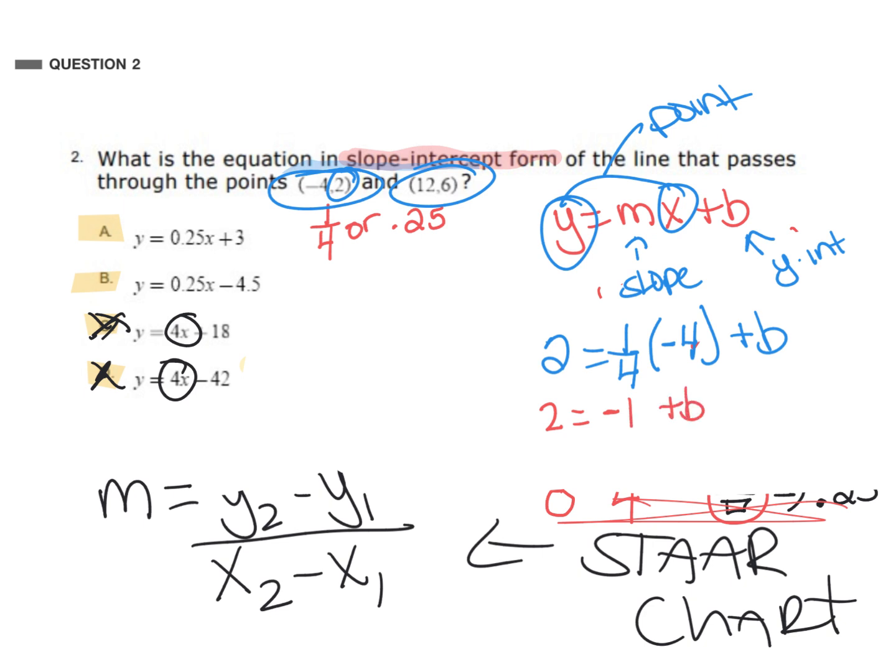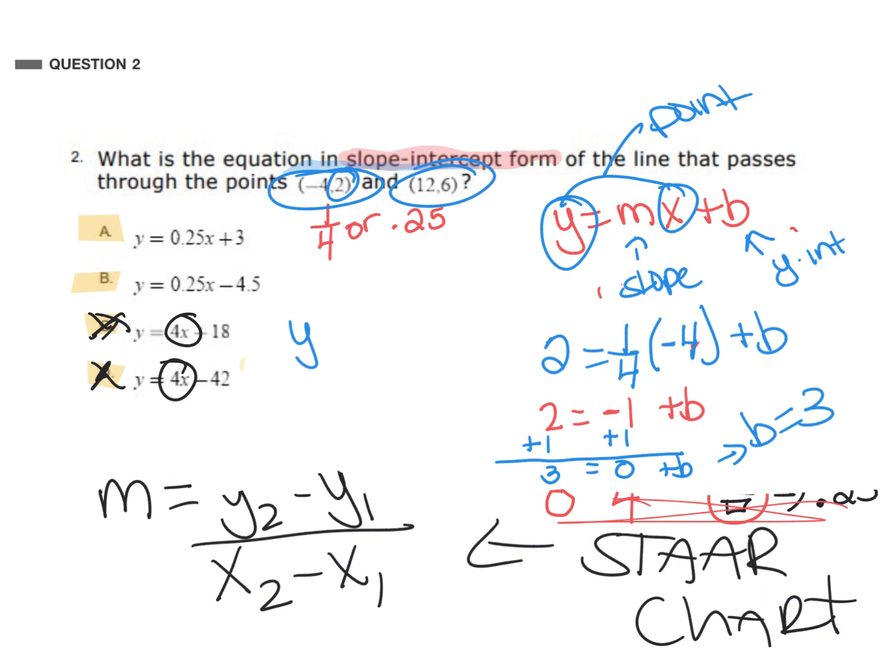I'm solving for b, so I'm going to add 1 to both sides. Okay. This brings this to 3 equals b, I now have b all by itself, so b equals 3, meaning my y-intercept equals 3. And I can plug this back into my slope-intercept equation.